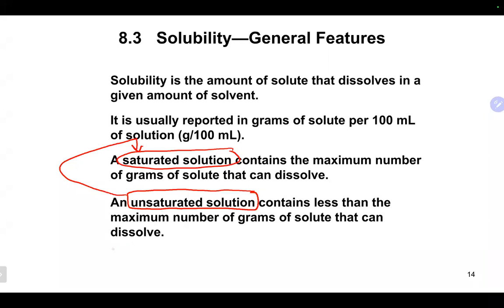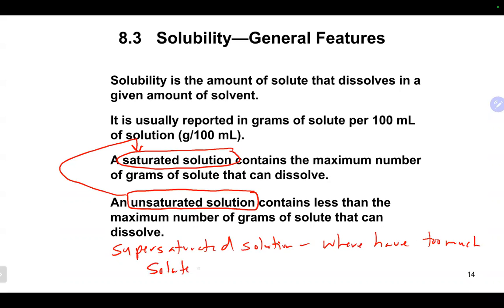There's also one that is referred to as supersaturated. A supersaturated solution is one where you have really too much solute dissolved in a solvent.